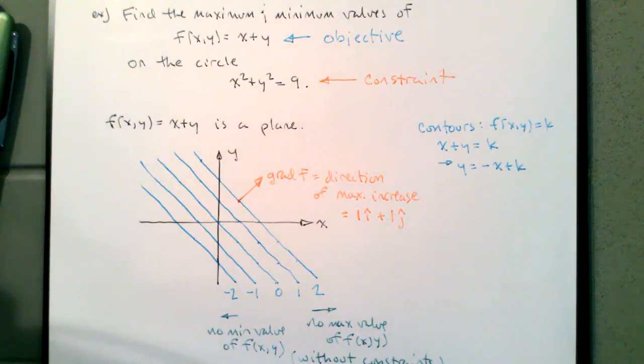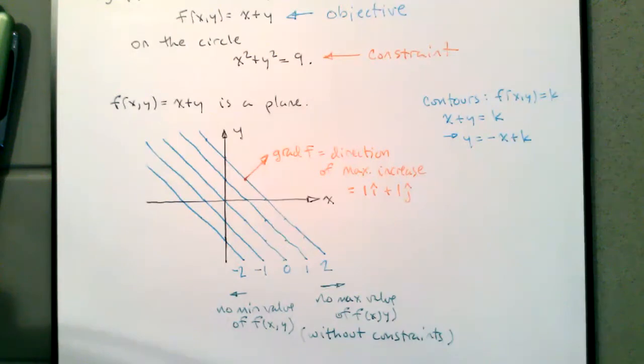Let's look at the constraints. If we can pick any values of x and y, we will not have a maximum or minimum value. But when we put this constraint, x squared plus y squared equals 9, we're saying we only get to pick values of x and y that sit on the circle.